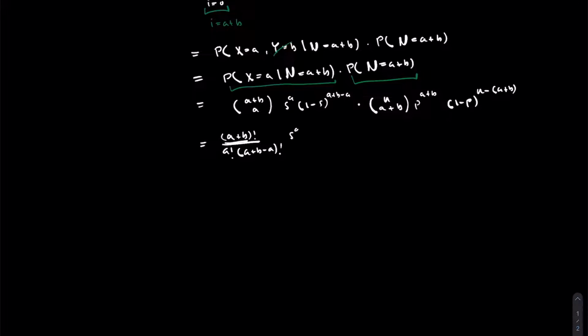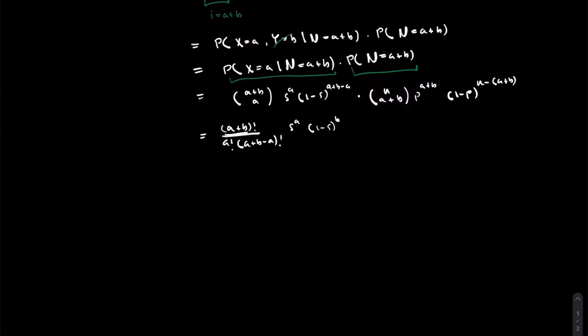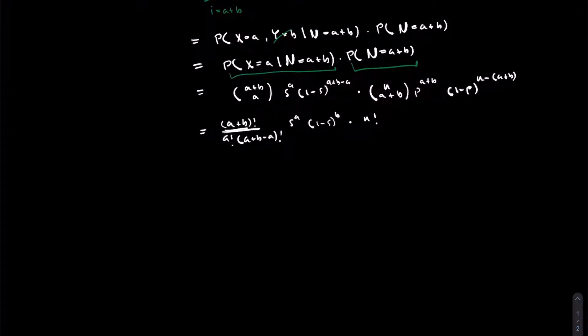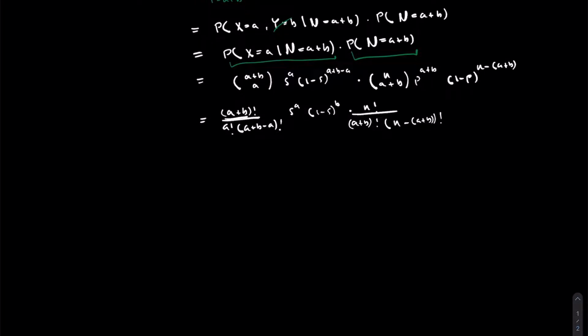We have the s^a and (1 minus s)^b, and then we have n factorial, and we have a plus b factorial, we have n minus a plus b factorial, and then we have p^(a plus b). Oops, that was a little off. (1 minus p)^(n minus a minus b), like so.